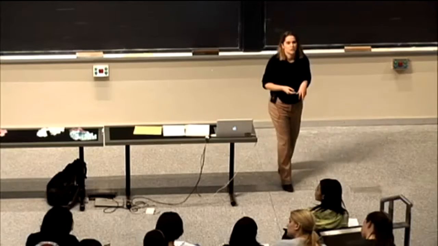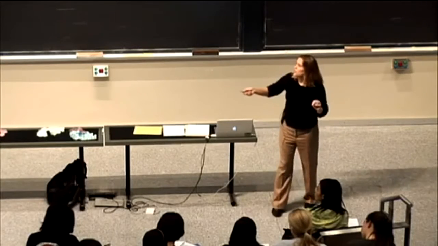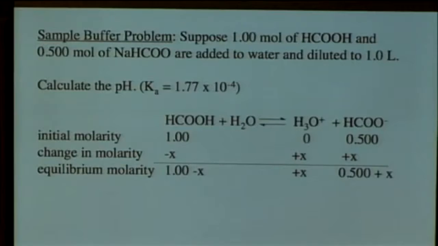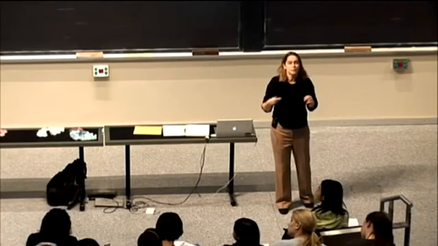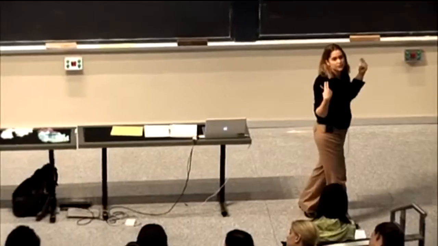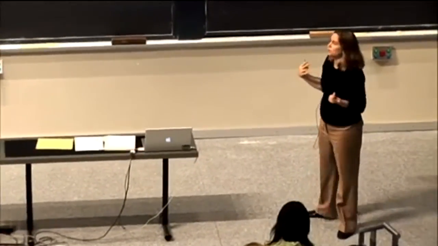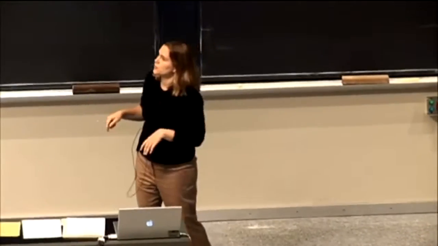So the important thing to remember is in buffering problems, you have the acid and the conjugate. So we're used to seeing these tables where we only have something over here, and it's all 0 on the other side. But in a buffering problem, you have things on both sides from the very beginning. And that's a really important point. And that alone, if you can remember that, will get you a long way through this unit.